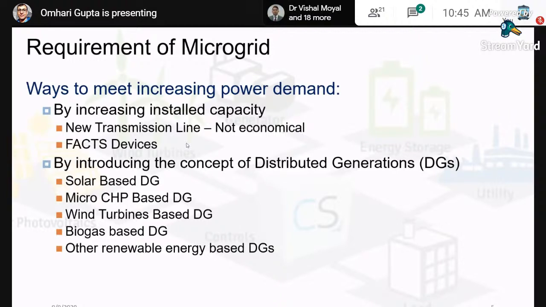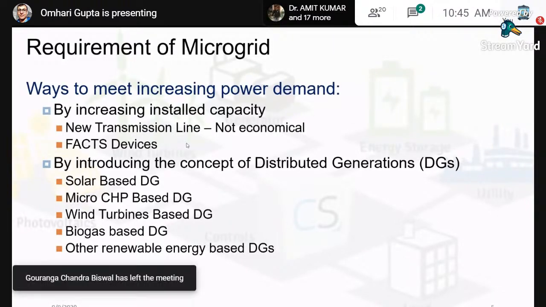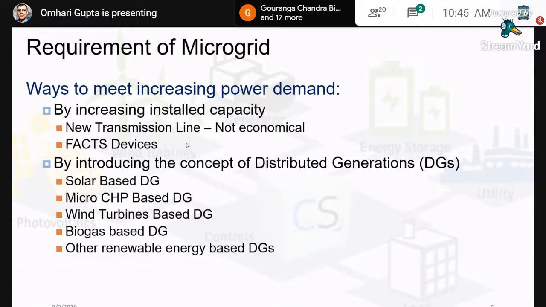The problem with this wind turbine based DG is that you cannot place it anywhere. There should be a proper place to install such kind of generations. And then there is biogas based DG, that is actually in function at several locations. If you see, the better place is to have these kind of DGs close to the hostels in several institutes, because there you may find a lot of bio waste.